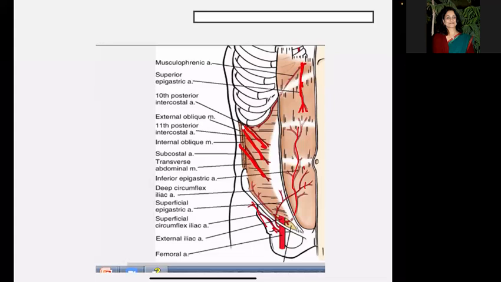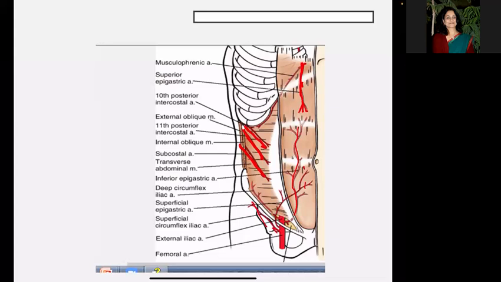We have talked about that the anterior abdominal wall is formed by a tough fibroelastic covering or layer, which has three muscles in its formation, that is external oblique, internal oblique, and transverse abdominis.